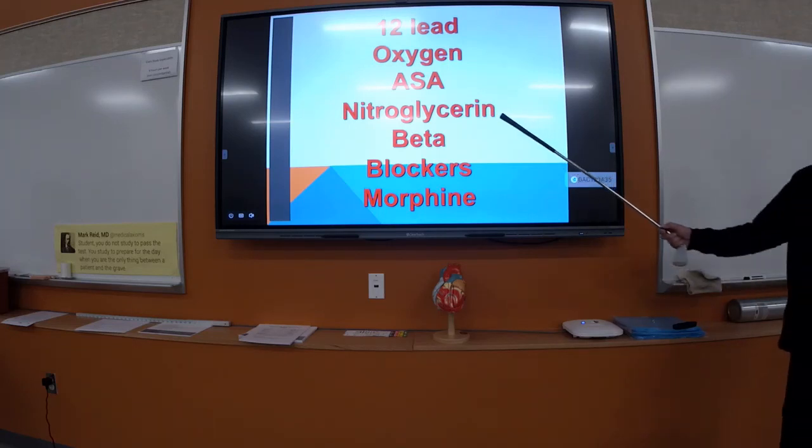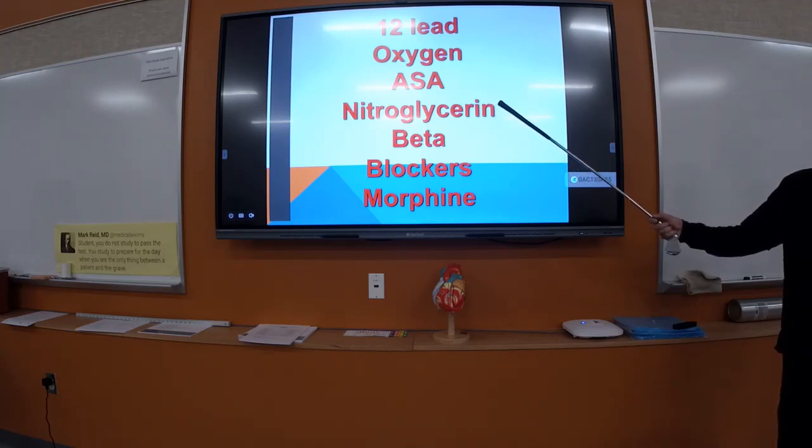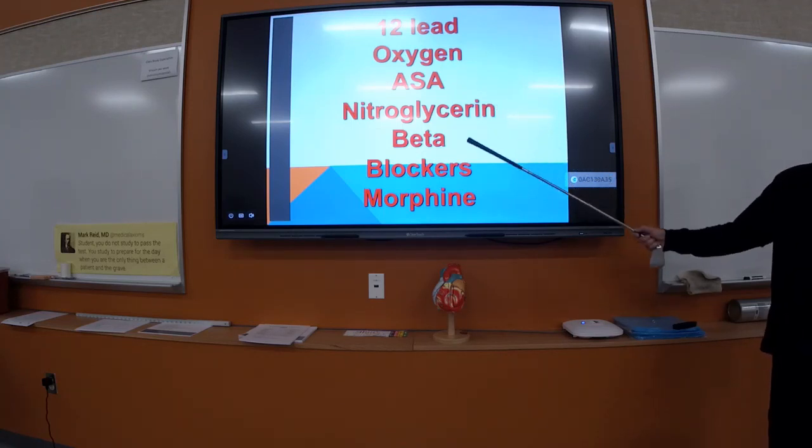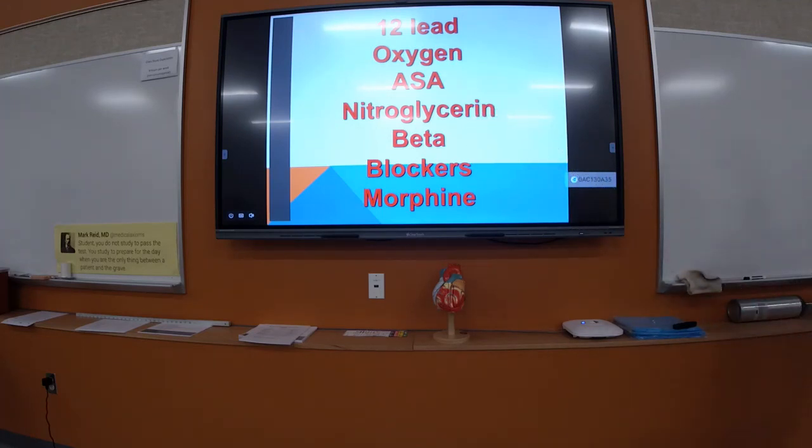What this does is decrease the workload of the heart. On a lot of the medications we're about to talk about, it decreases the workload of the heart. So if that patient is having an MI, that's one of the goals. You want to decrease that workload of the heart.